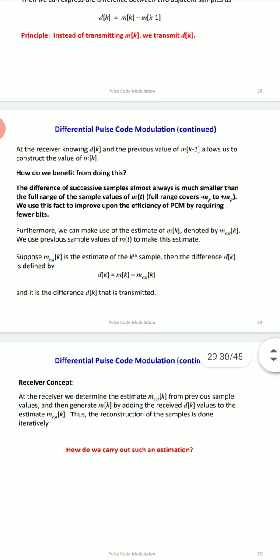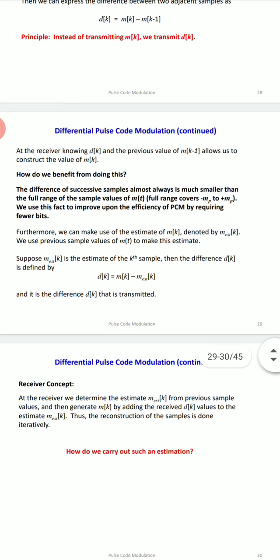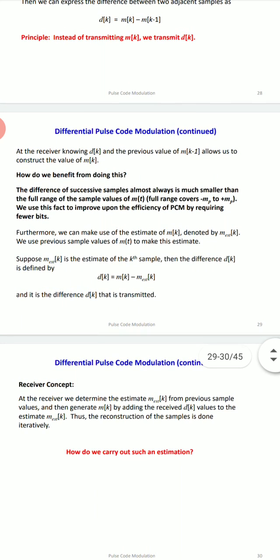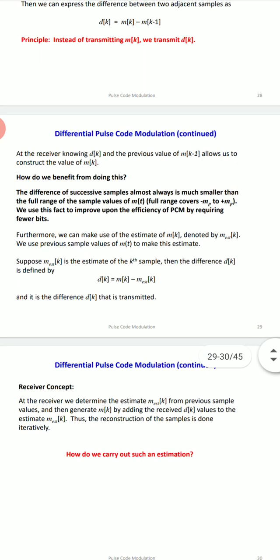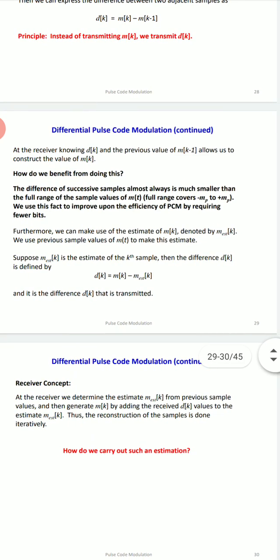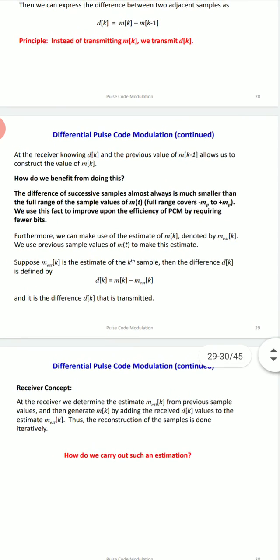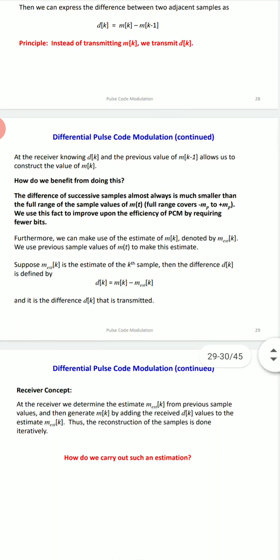If a signal has redundancy, we can predict its future value from its past values. So instead of pulse code modulation, we can use differential pulse code modulation: instead of transmitting the encoded version of the sample, we transmit the encoded version of the difference between two consecutive samples.